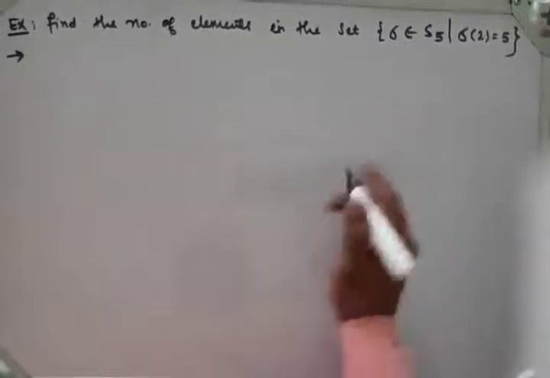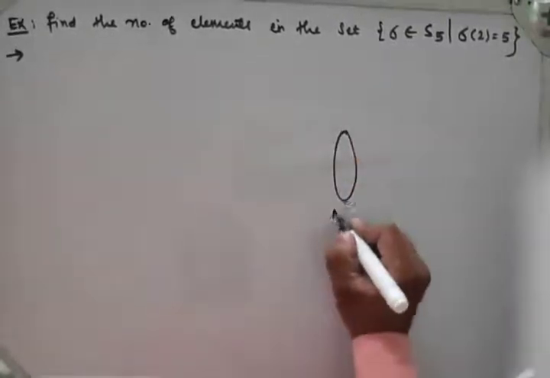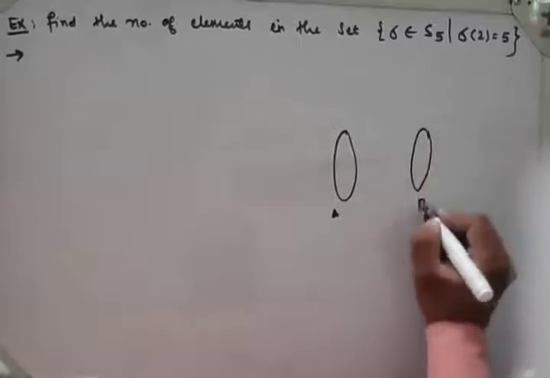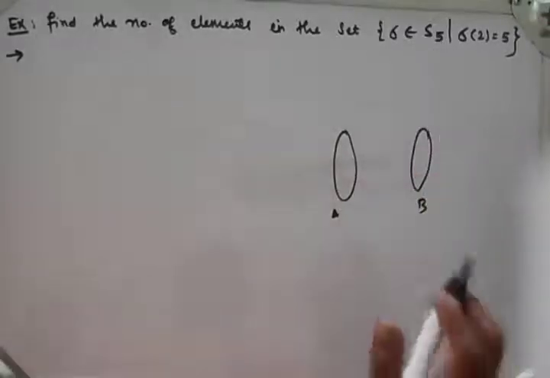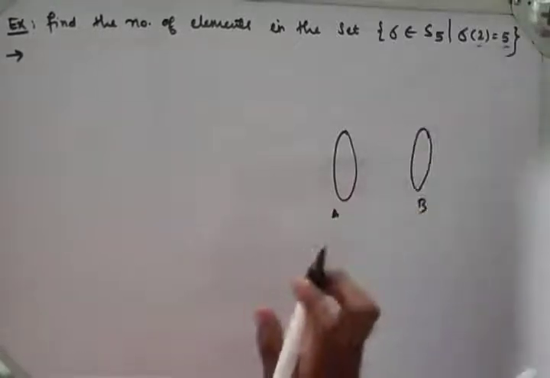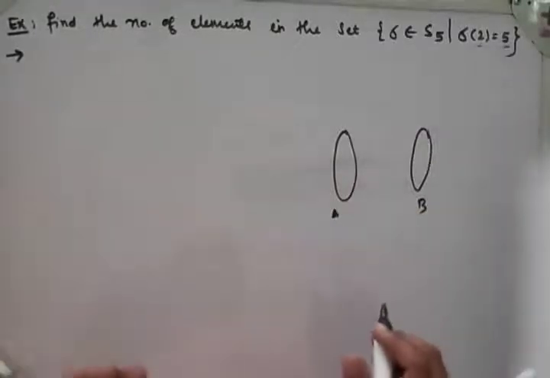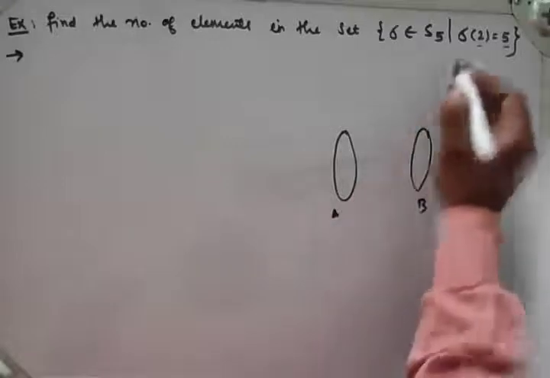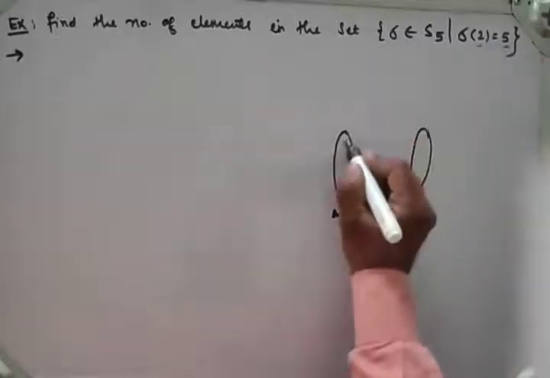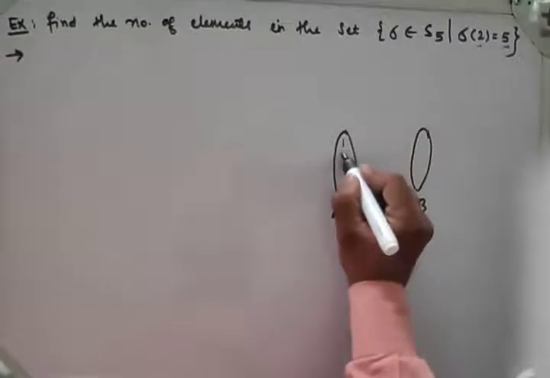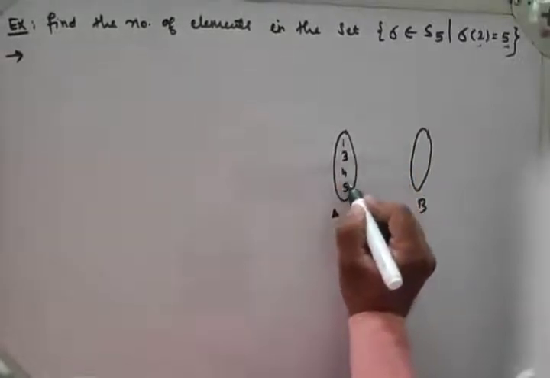So we have set A and this is set B. In S5 there are a total of 5 symbols, but one symbol has its value fixed, right? How many elements remain? 4 elements, right? Because 2 has its value fixed. So the remaining elements are 1, 3, 4, 5, right?